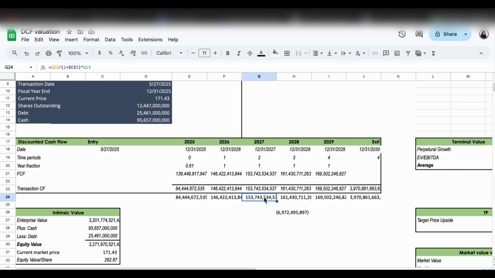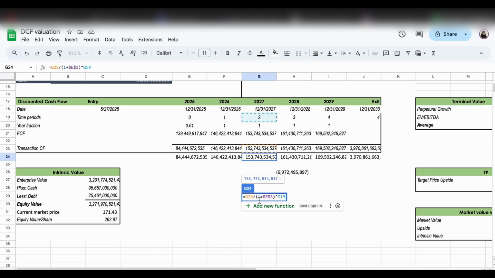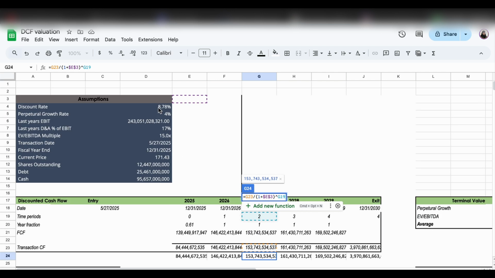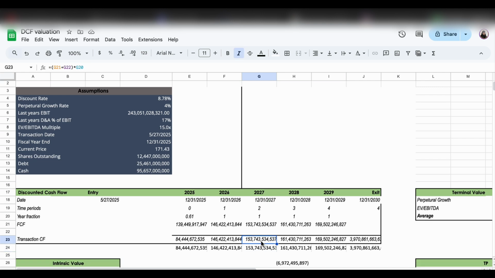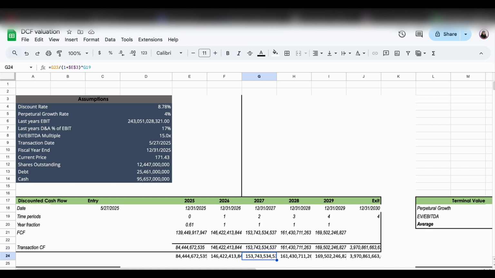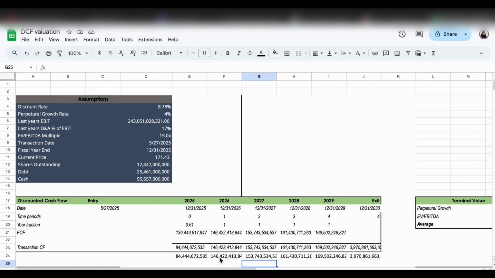And in the second year, the same. We take a free cash flow divided by 1 plus this discount rate in the power of 2. The formula broke a little bit here. I'm so sorry.